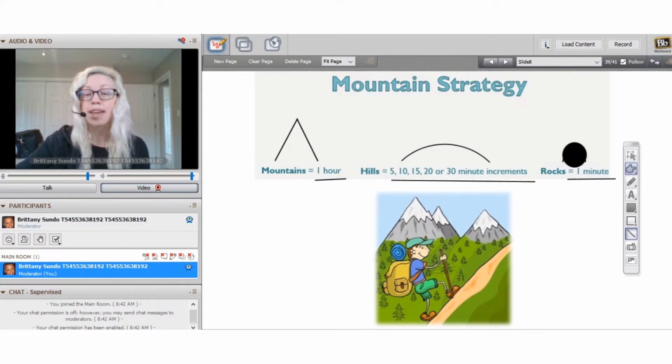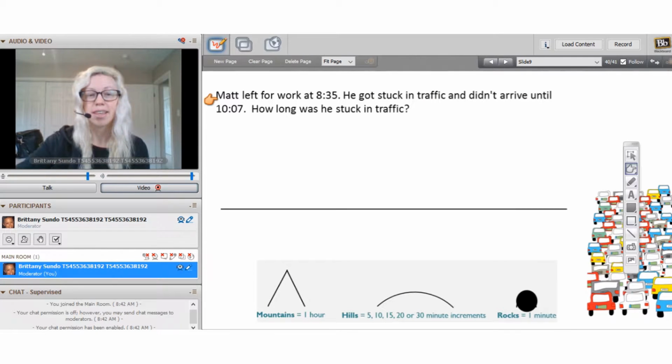What we're going to do next is take a look at a real-world situation and apply our mountain strategy to our number line. Let's look at our word problem. It says Matt left for work at 8:35. He got stuck in traffic and didn't arrive until 10:07. How long was he stuck in traffic? Well, we need to first figure out what the problem tells us.